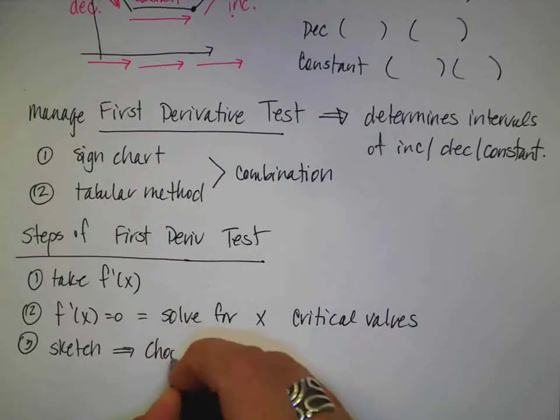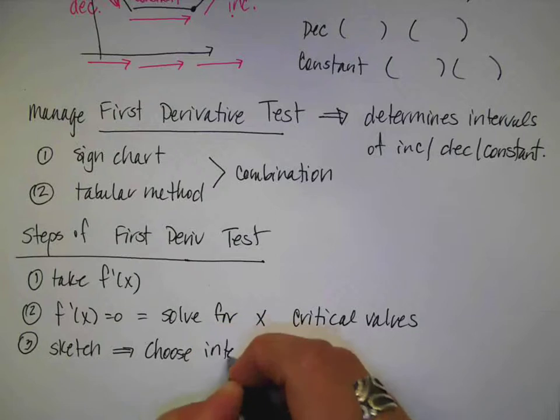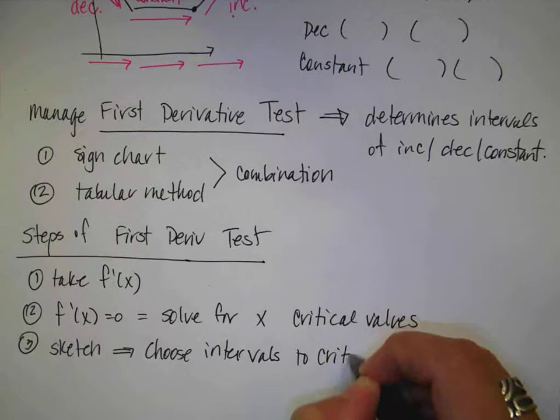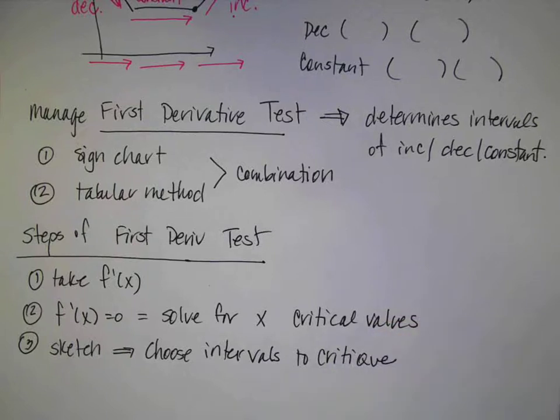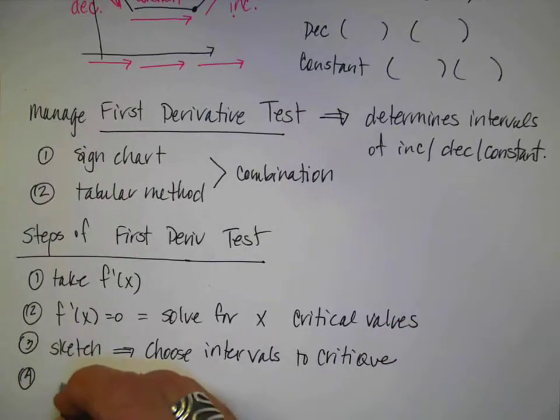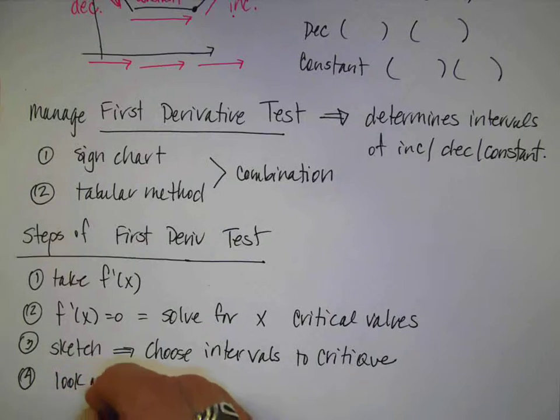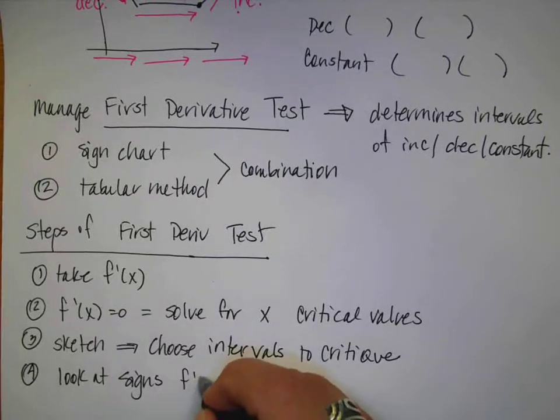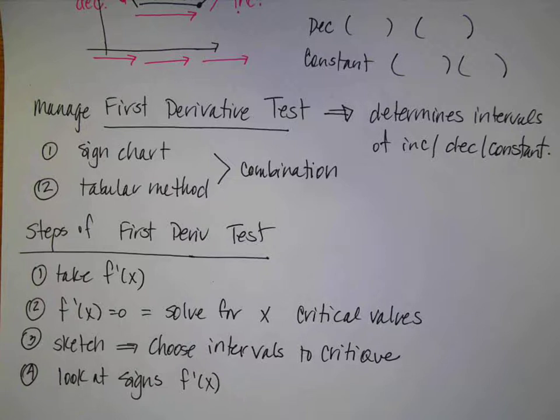And we're going to choose the intervals to critique. And I'll walk us through an example because I think it will help a ton. And then once we critique, we're going to look at the signs. Okay, so we're looking for increasing or decreasing of the derivative evaluated in these intervals.